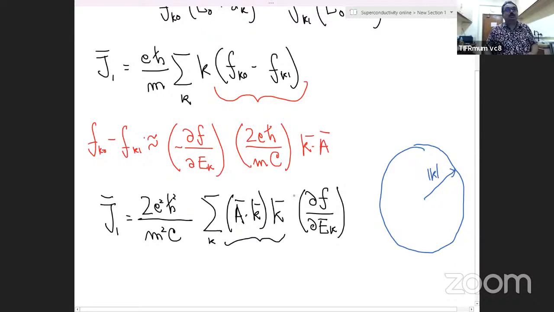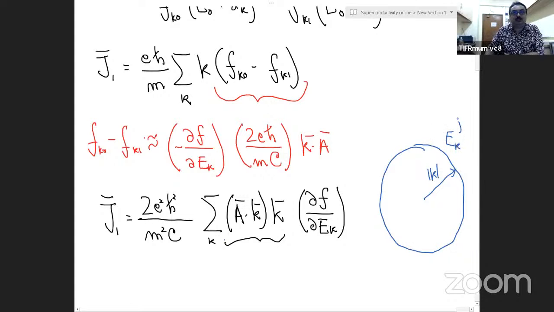All right, so when I am doing this sum over, let's say, one particular constant energy contour, let me calculate. For this constant energy contour, this quantity will be the same, because this quantity depends on energy. And I know that for a constant energy contour, the energy is the same.